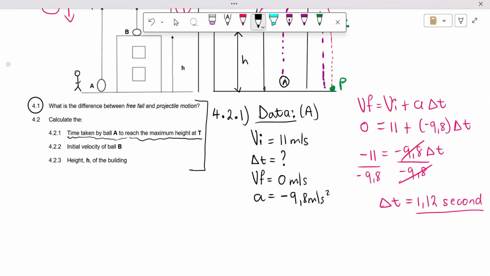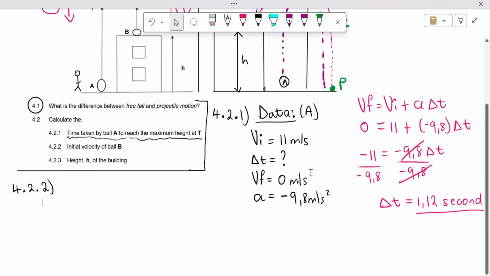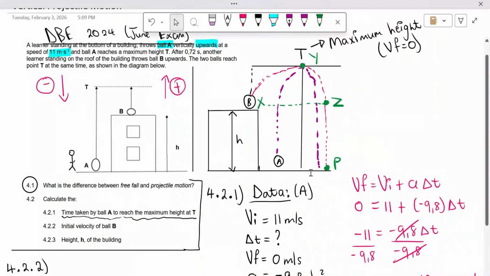They then say to us, calculate the initial velocity of ball B. So that's 4.2.2. So they want the initial velocity of ball B. So how do we do that? Think about it.